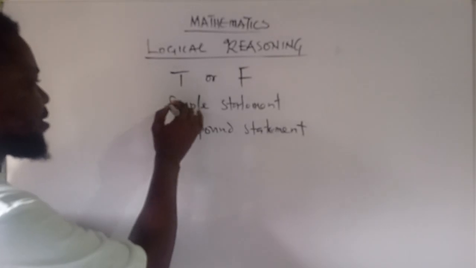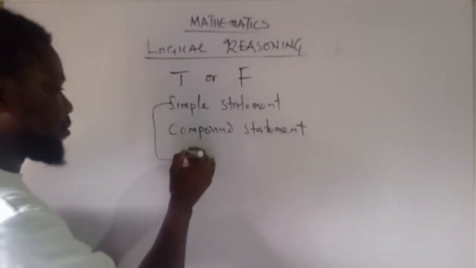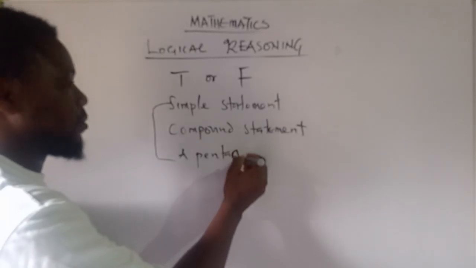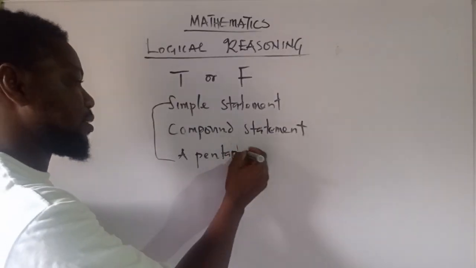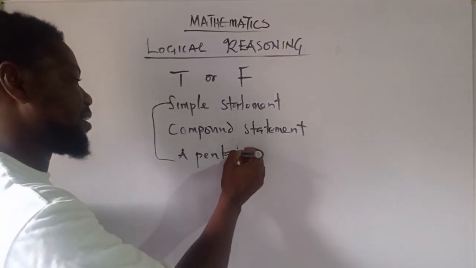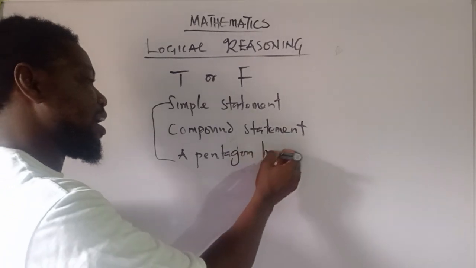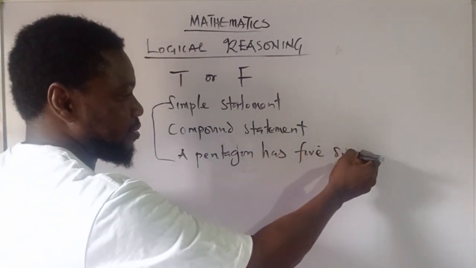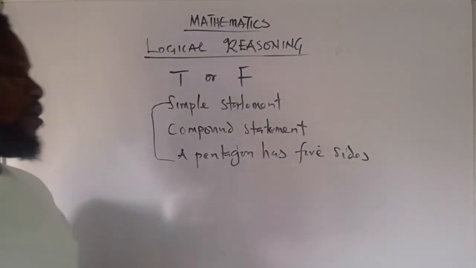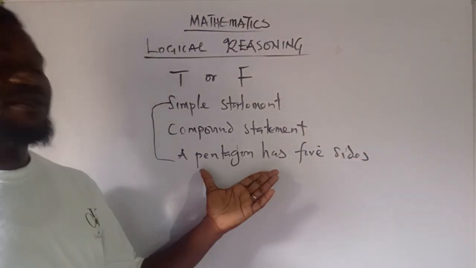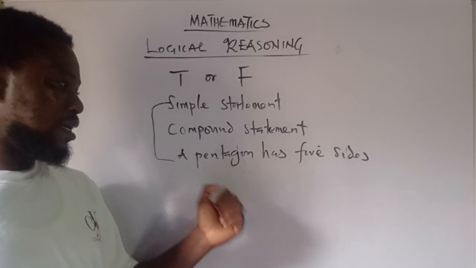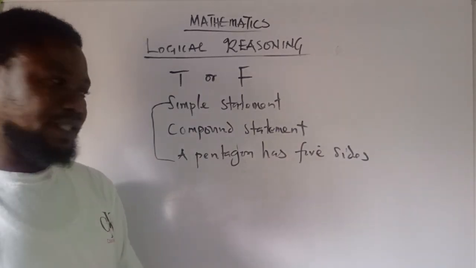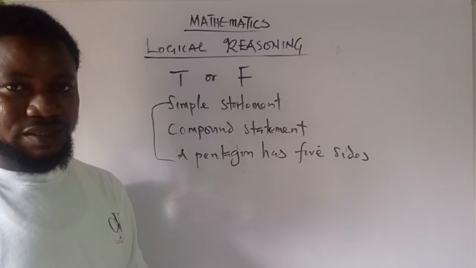For example, if I say a pentagon has 5 sides, this is a simple statement, in that this very statement cannot be separated into sub-statements.